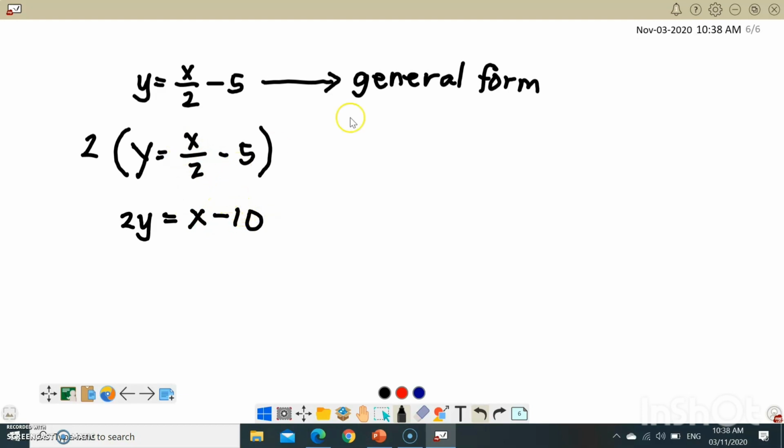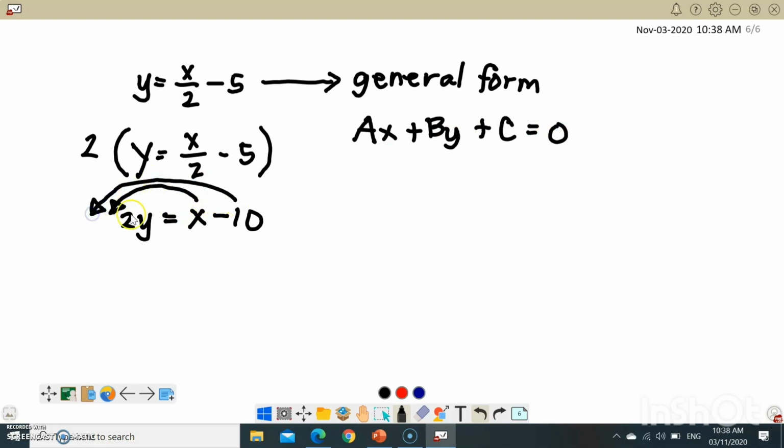Okay? Since the general form follows the form ax + by + c = 0, we need to transpose x to the other side of the equation and negative 10 to the other side. If we transpose x to the other side, from positive it becomes negative, and negative 10 when transposed becomes positive.